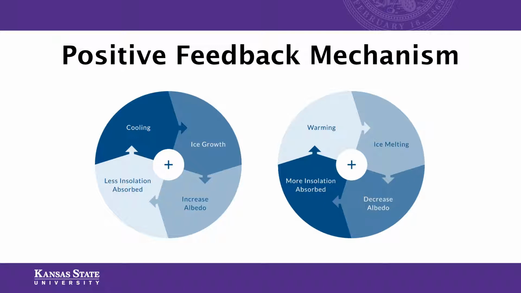But in our current situation, this is negative because it means as more ice melts, as our albedo decreases, we absorb more sun energy, it gets warmer, which means we just continue that loop. So you can see on the left-hand side, we have a positive feedback mechanism that cools the earth. On the right-hand side, we have a positive feedback mechanism which is actually warming our earth.